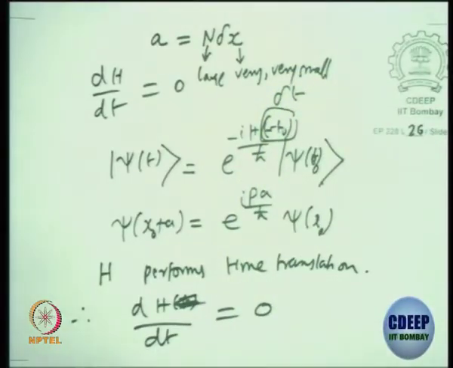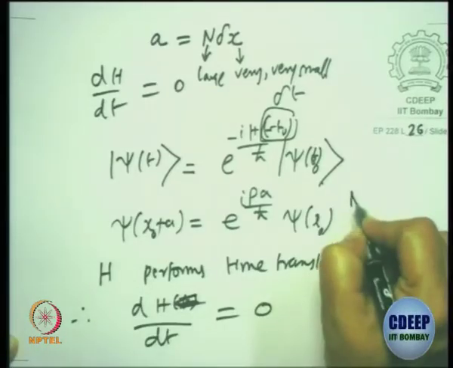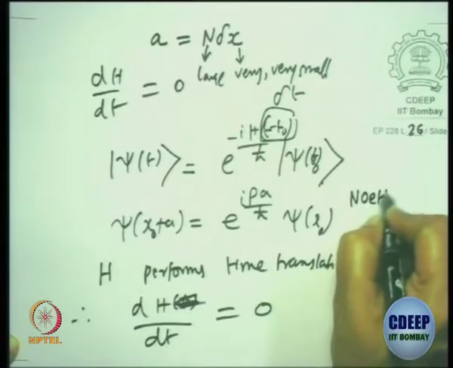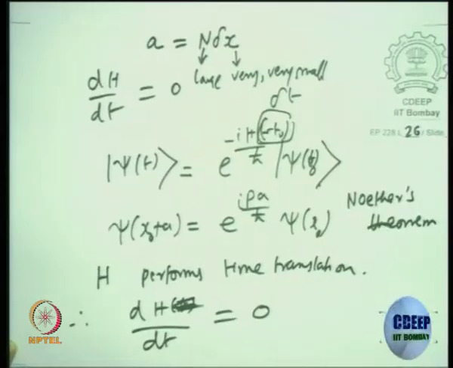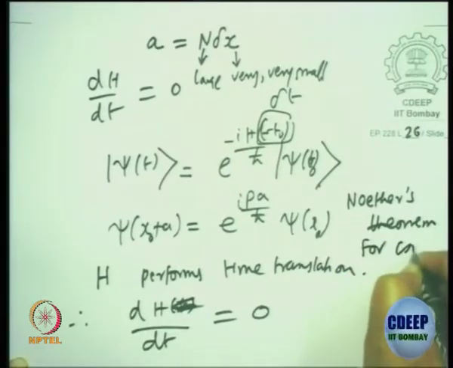So any continuous symmetry which can be broken up into such infinitesimal transformations, you can find a generator or an operator. That's what is called a generator of a transformation. It's called Noether's theorem. Good point. So many of you know things. Noether's theorem in classical mechanics you have done, in quantum mechanics also it's applicable for continuous symmetries.